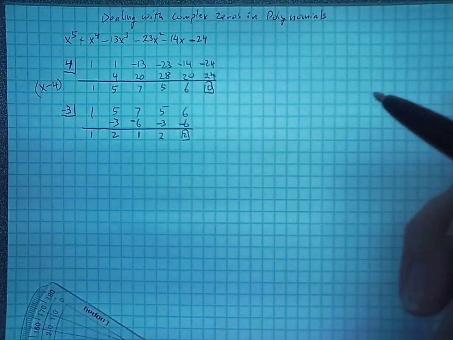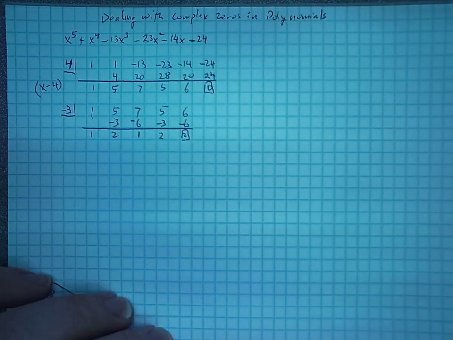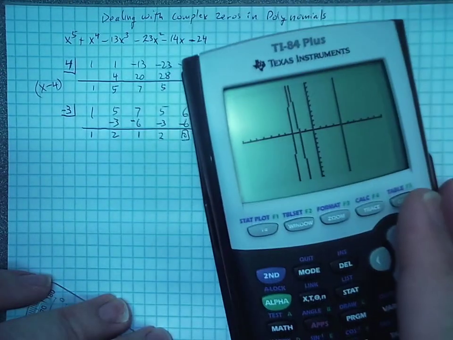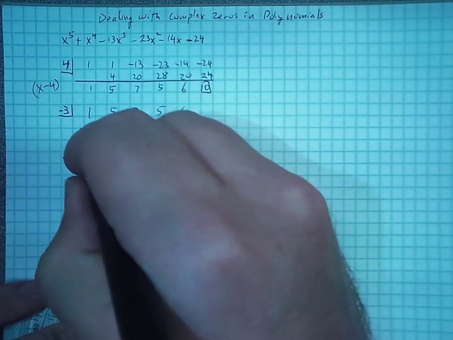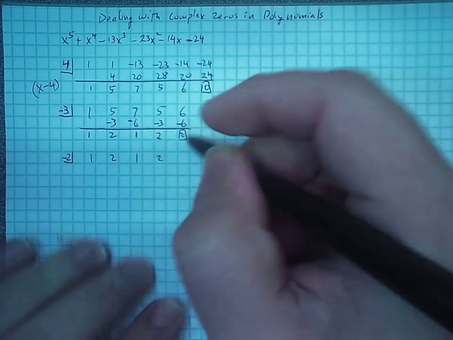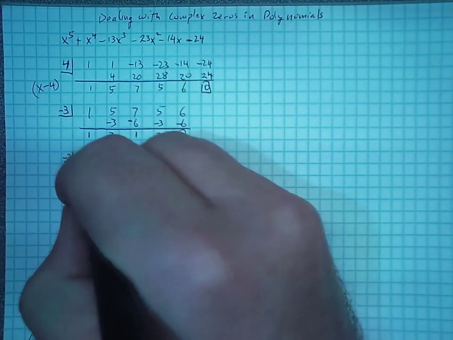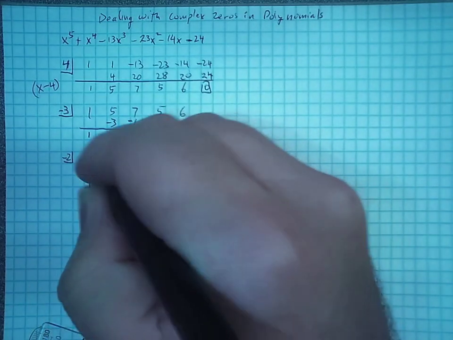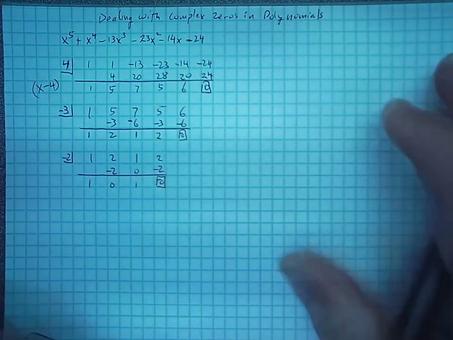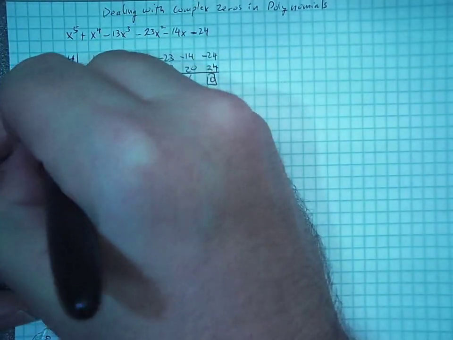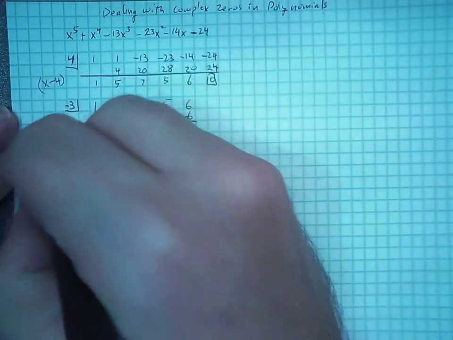Excellent. And is the other one -2? Yeah, -2. So I'll do that finally. That's 1, -2, 0, 0, 1, -2, 0. So I've got x minus 4, x plus 3, and x plus 2.